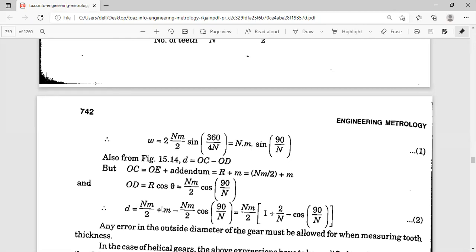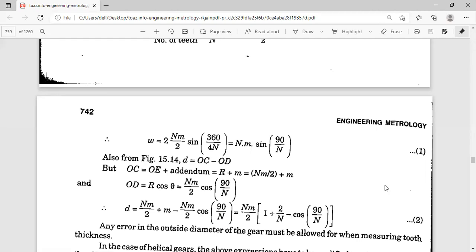Nm by 2 into 1 plus, writing M as 2 into m, the Nm by 2 into 2 by n cancels and you are left with m. So taking Nm by 2 as common, in the brackets you will have 1 plus 2 by n minus cos 90 by n.